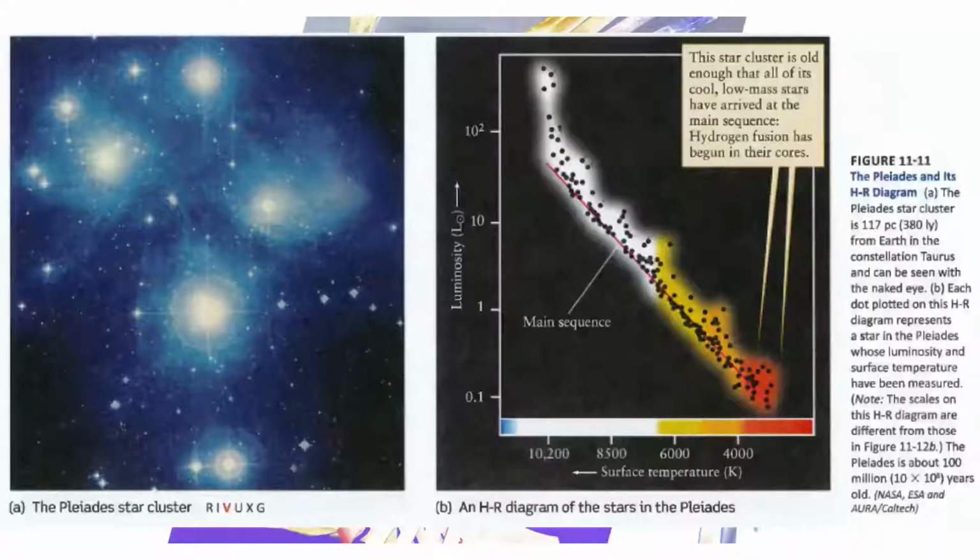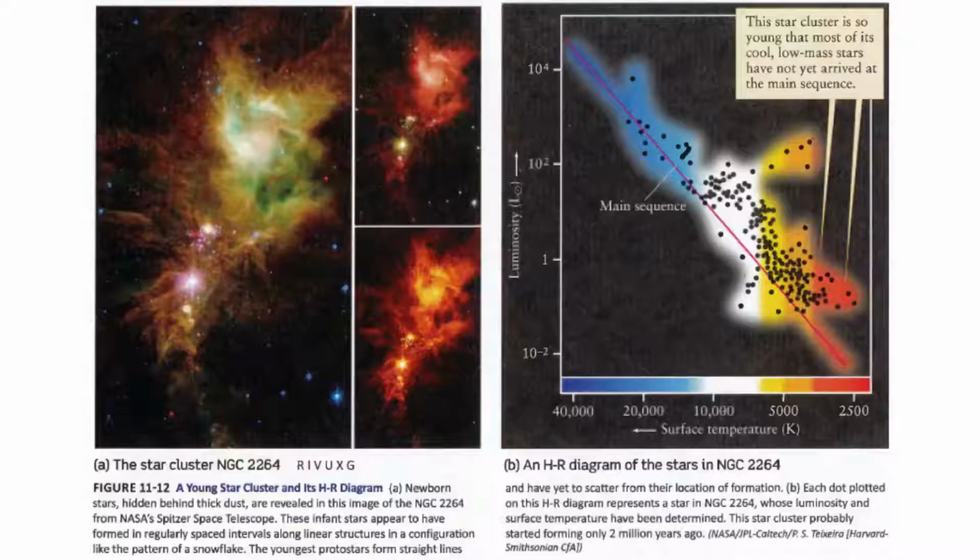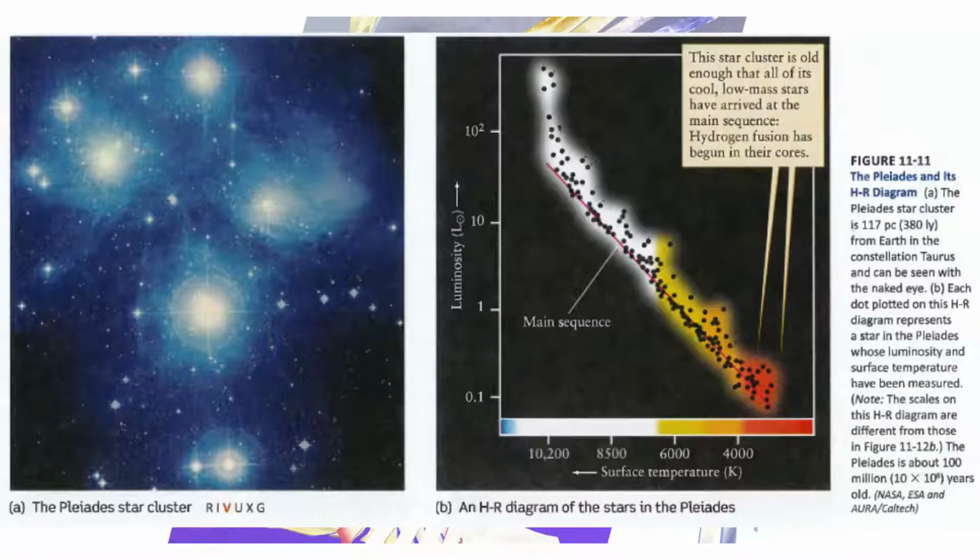We have the Pleiades star cluster, and we have NGC 2264. This is a picture of an older cluster. There's a couple ways we can see this. First of all, if we look at the nebula, or the cluster itself, you'll notice that there's not a lot of crazy clouds all around it, right? There's still definitely some, but there's not a lot.